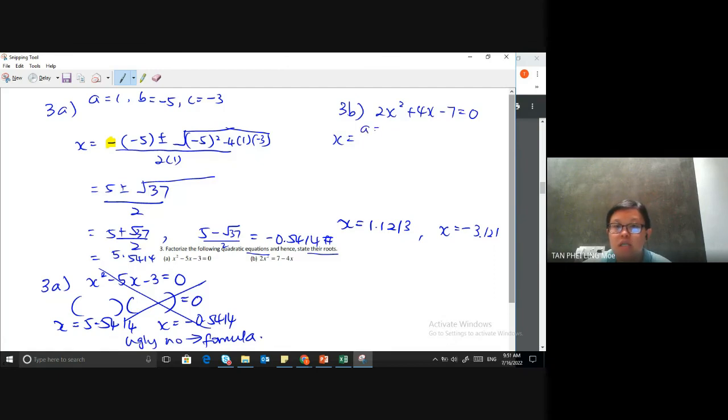Write down first: A equals 2, B equals 4, C equals negative 7. So minus B, minus 4, then plus minus square root of B square minus 4AC, so 4 square minus 4AC, over 2A.